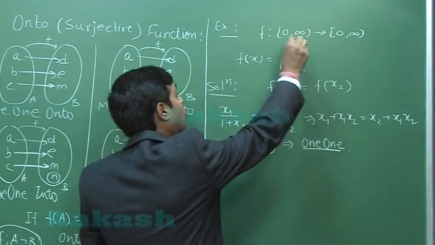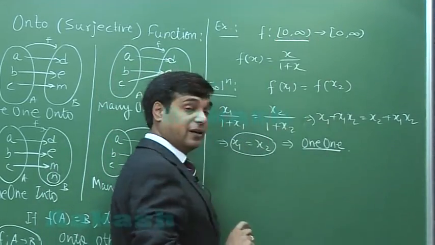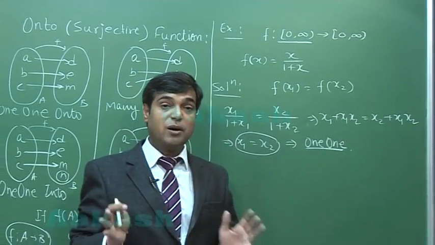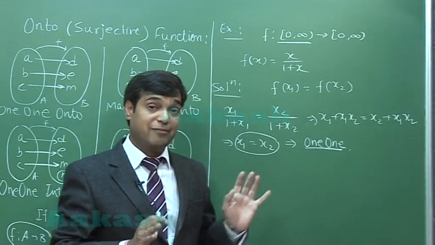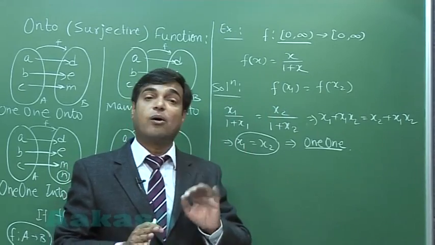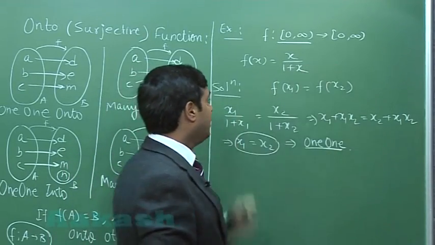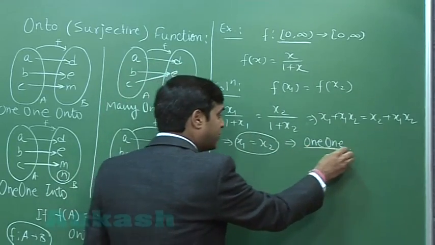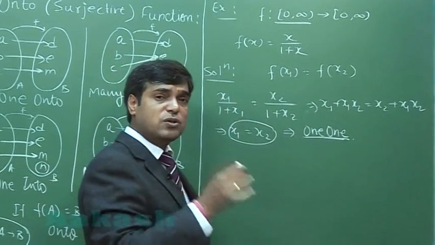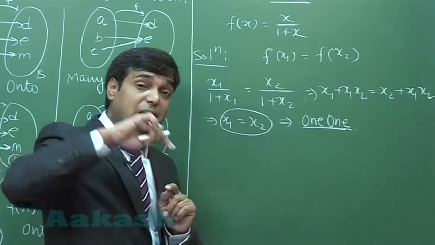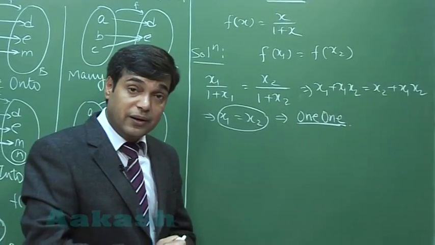Here it is given that the domain is just 0 to infinity, right? The smaller part of the actual domain, what could have been for this function. So obviously the range may also change. So how do we go for the range of this function? Since the function is 1, 1, the best choice is that 1, 1 means increasing or decreasing only, right?